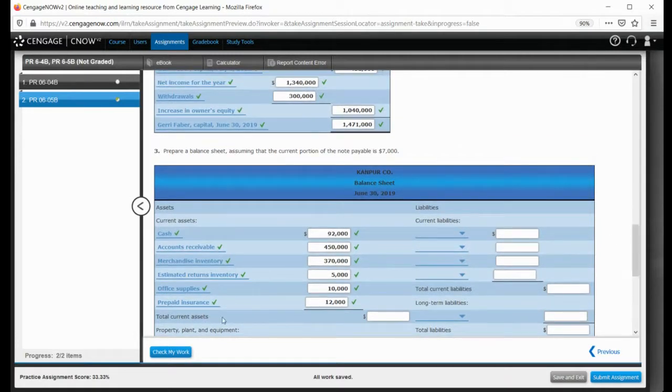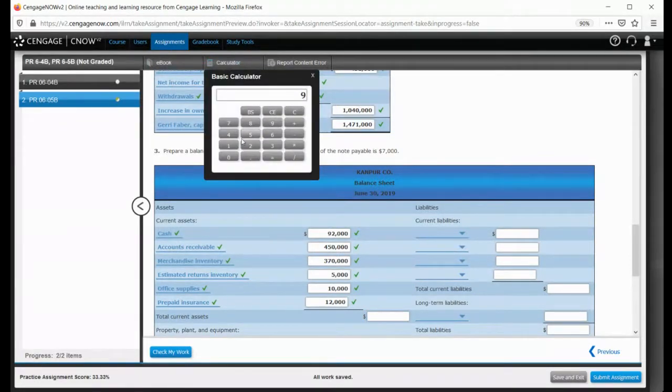The next step is to total up your current assets. So the total of my current assets is 939,000.